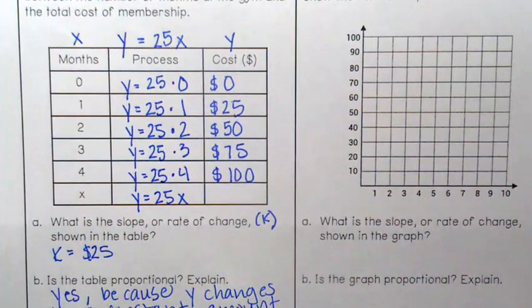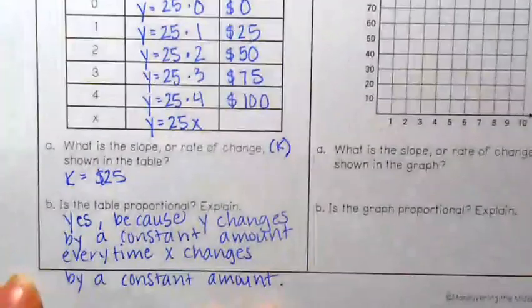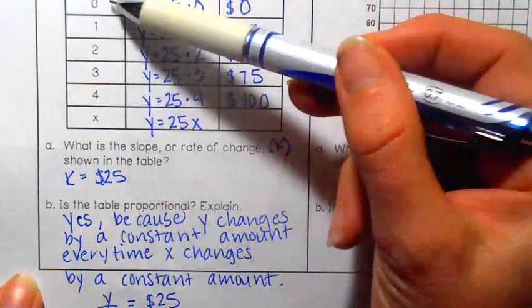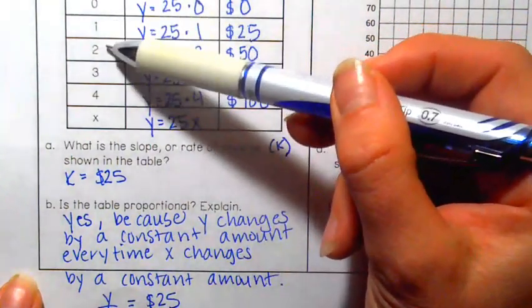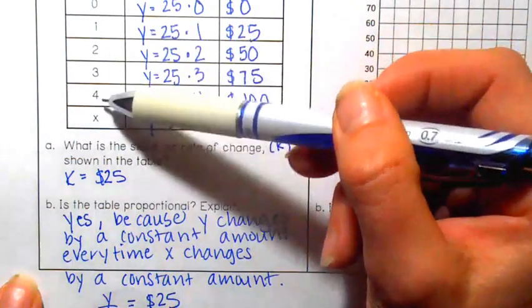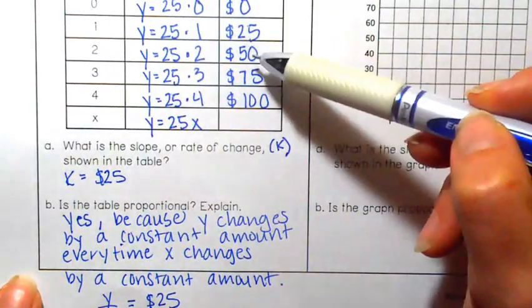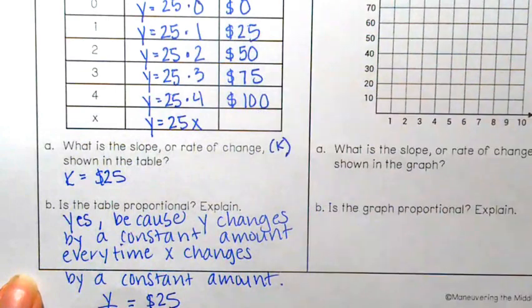And when you divide y by x, you get the same thing. Y over x always equals 25. Here, as x goes up by a constant amount, 0, 1, 2, 3, 4, it's going up by ones. Y is also going up by a constant amount with 0, 25, 50, 75, 100.